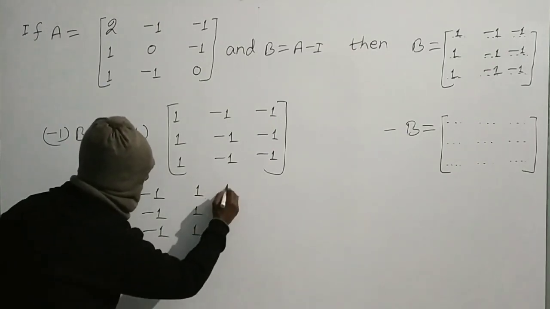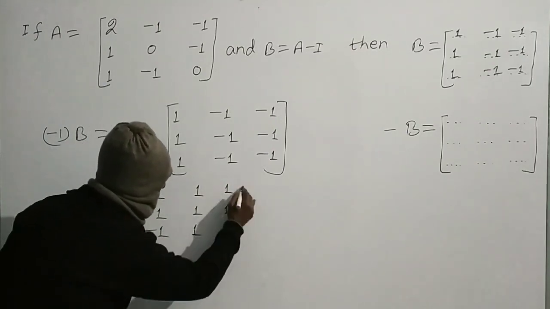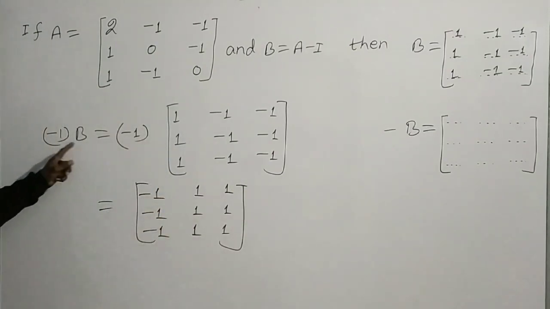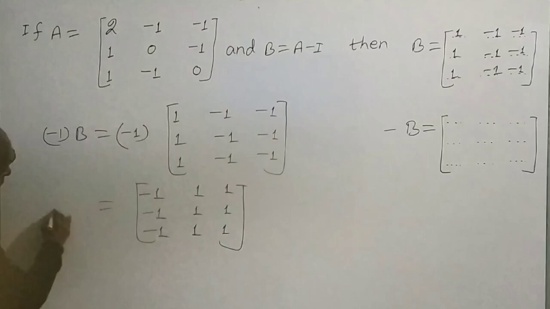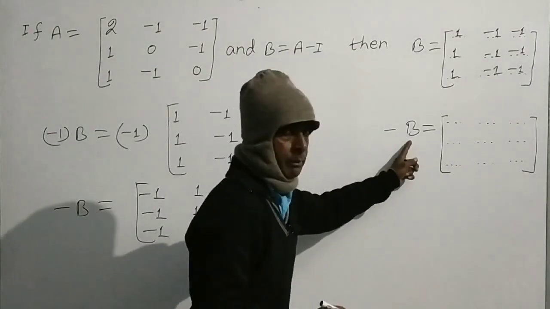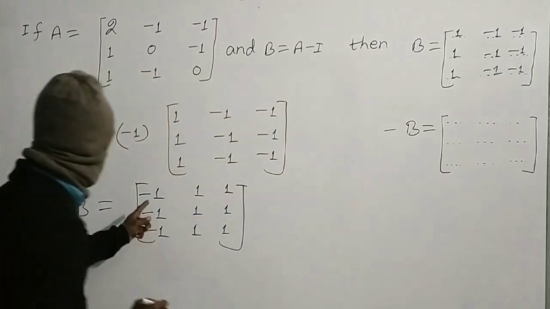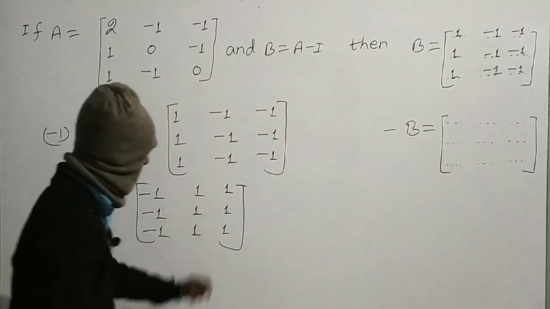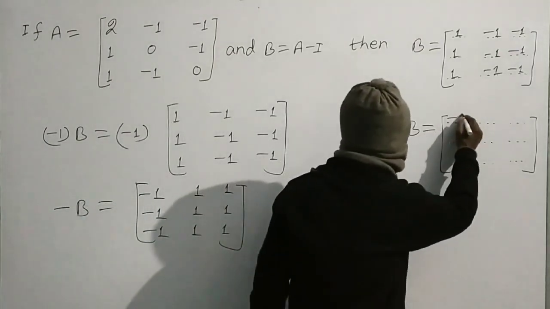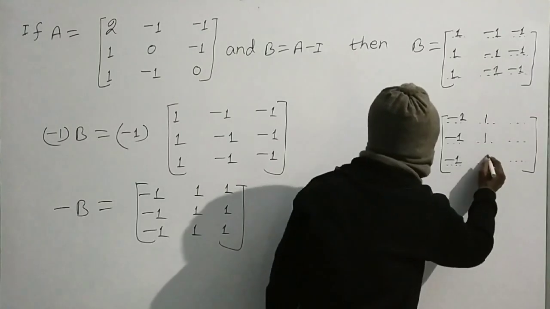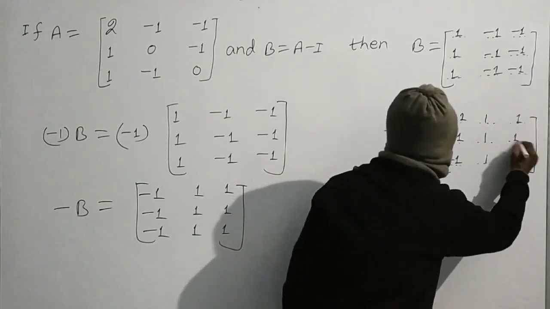Similarly for the rest. And minus 1 times B can be written as minus B. Therefore, we get matrix minus B as minus 1, minus 1, minus 1, 1, 1, 1, 1, 1, 1.